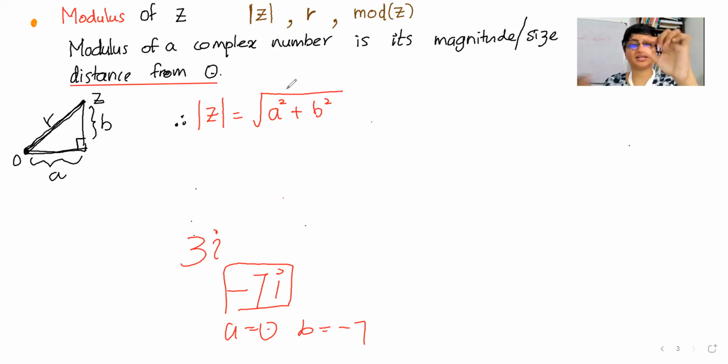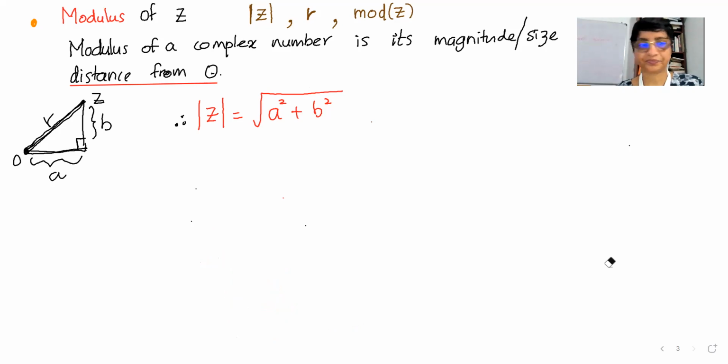But for that, the size is visible. For any number on the real line or on the imaginary line, the magnitude is just visible. There's nothing for you to calculate there. But if I give you 9 plus 7i, then you have to do this, right? Okay, so I hope that is clear.